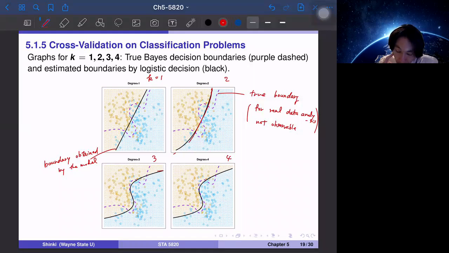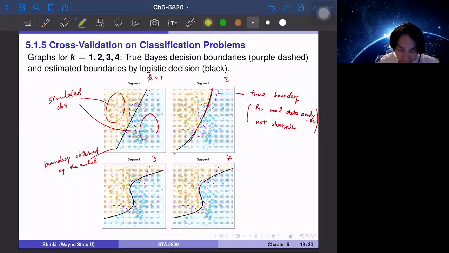And these are the simulated observations. And which model looks the best? Basically the error happens for the discrepancy between the purple curve and the black curve.